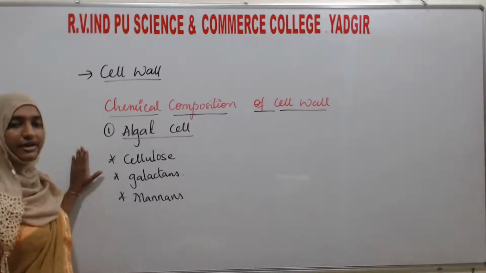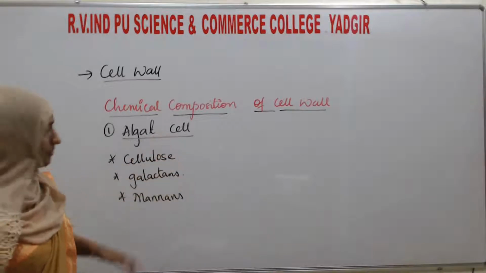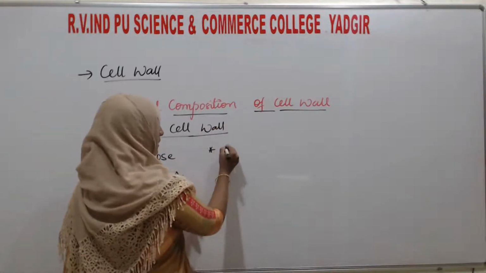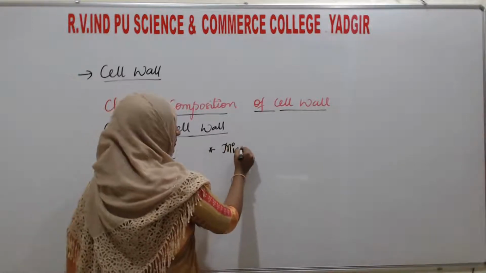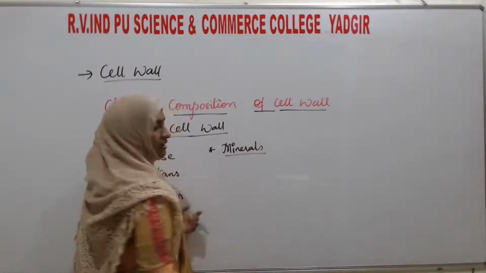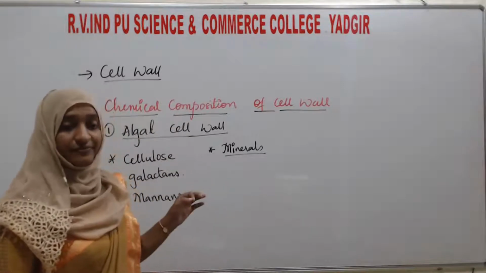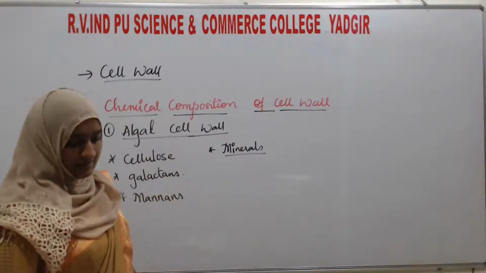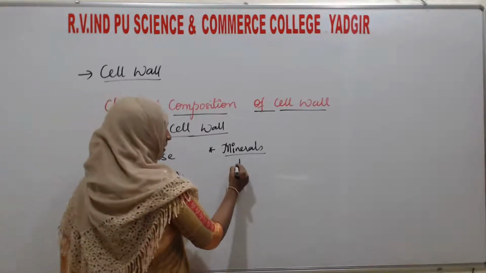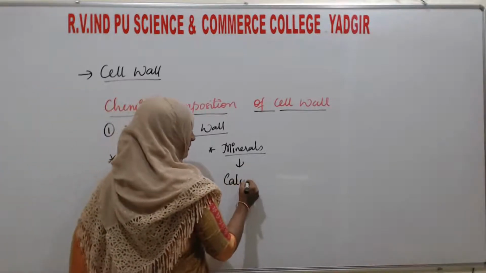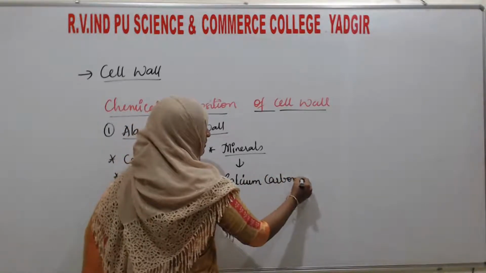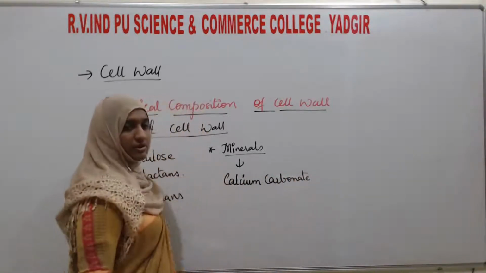Along with these carbohydrates, the algal cell wall also consists of certain minerals. What mineral is specifically present in the algal cell wall? It is calcium carbonate.